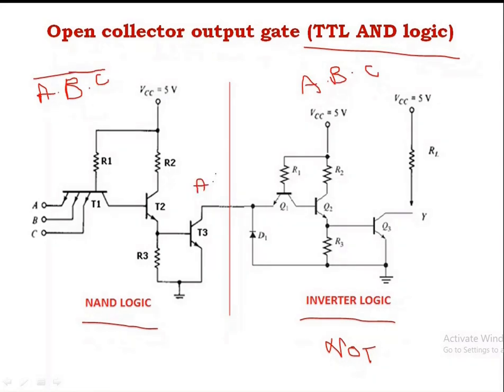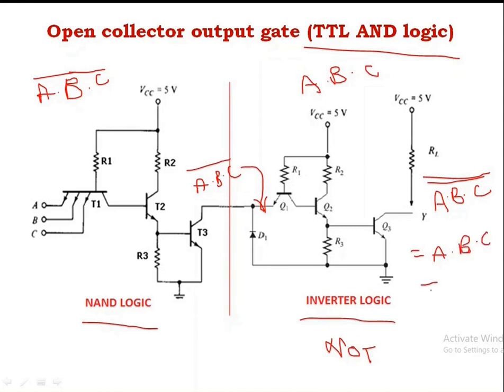And here I am giving this as the input for the inverter. So what I get here is A into B into C the whole bar. This is my input. It will be complemented. So what I'll get is A into B into C, which is equal to AND logic.